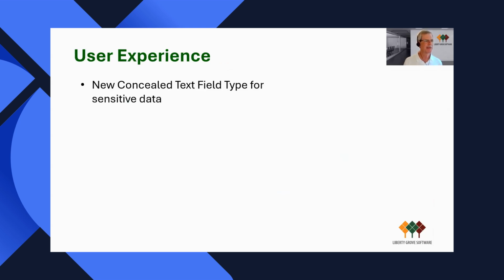User experience. There is a new property available, concealed type for sensitive data, so you can start to flag records as sensitive data. This is probably a little more applicable in Europe, where sensitive data can be requested to be removed from the system.